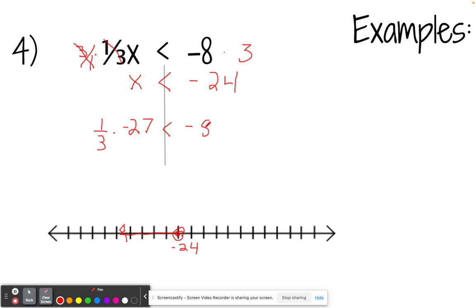Well, 1/3 of negative 27 is negative 9. And negative 9 is less than negative 8. So I did shade the correct portion. Those numbers over here to the left of negative 24 will make this a correct statement or a true statement.